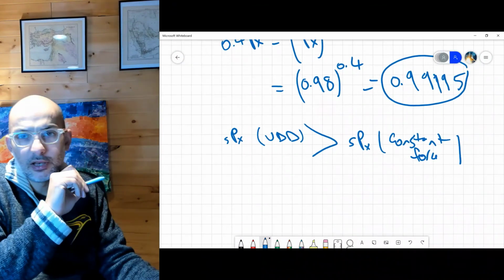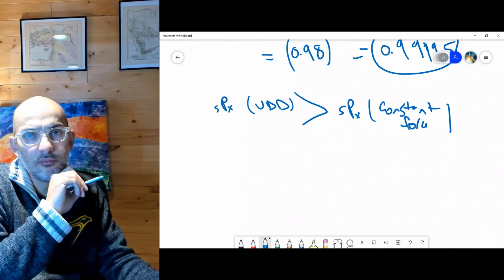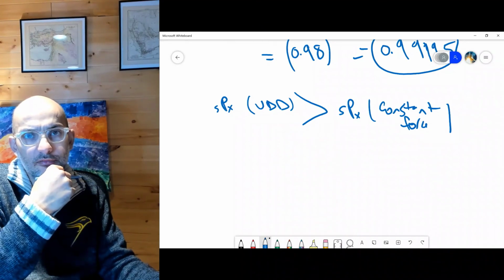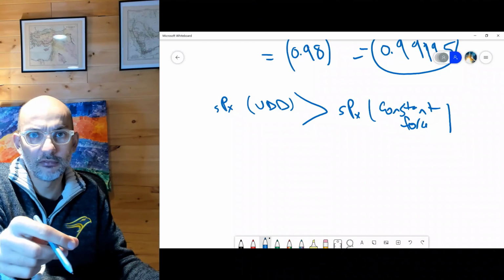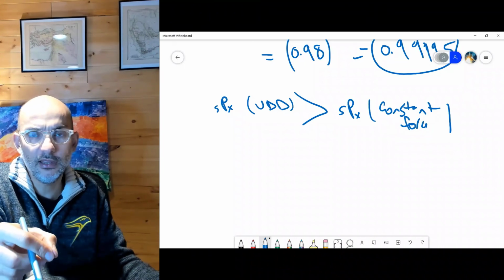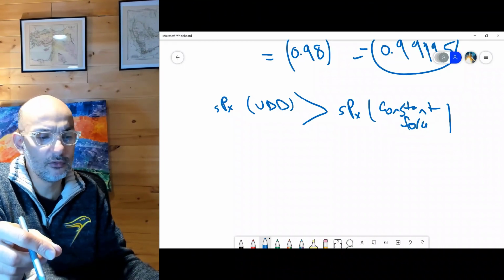This is very important to know, if you are trying to find fractional age survival, using fractional age under constant force of mortality will be less.